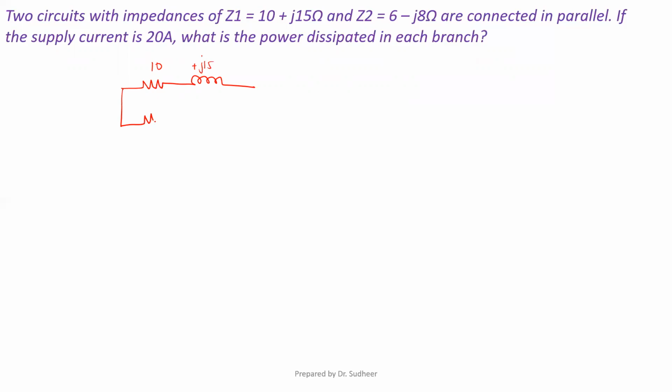The second branch is 6 minus j8, so it is an RC circuit. So this is your Z1, this is your Z2. So simply it is two parallel circuits and the total current is 20 amperes.